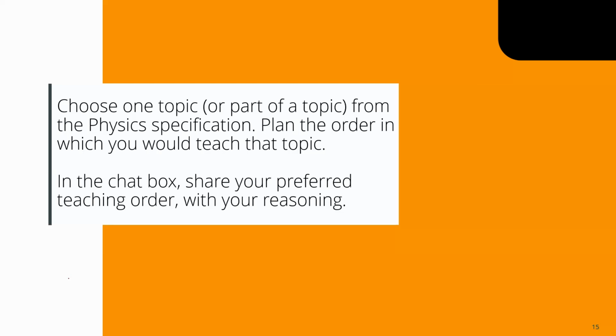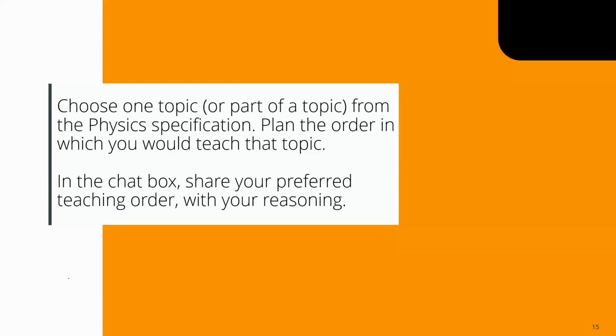Clearly, in any topic, there are some bits that have to come before other bits, because it builds within the topic itself. You've got to learn the basics before you can move on to the advanced applications. But there isn't one straight way through it. It's not necessarily the way in which it appears in the specification, nor necessarily in a textbook you might be using.